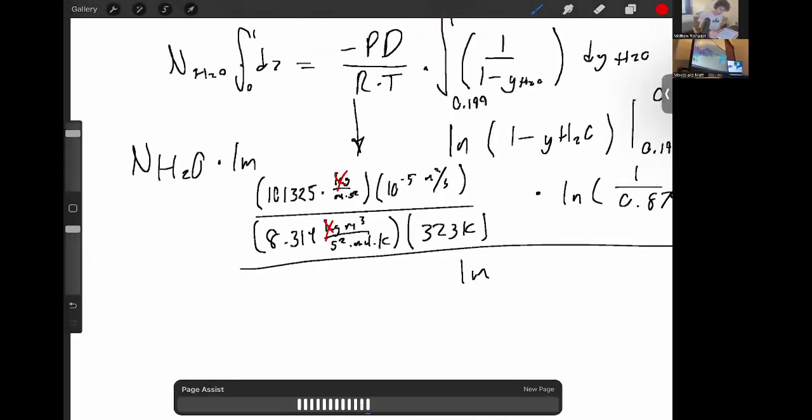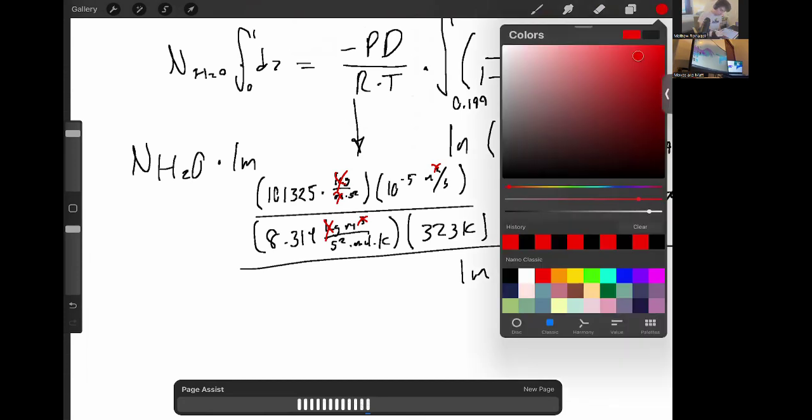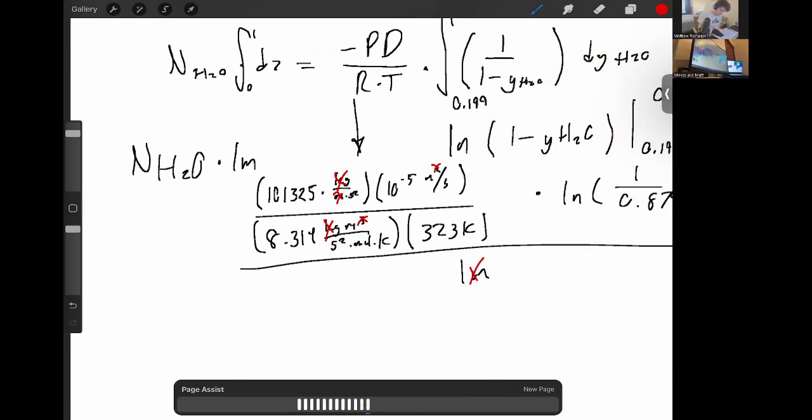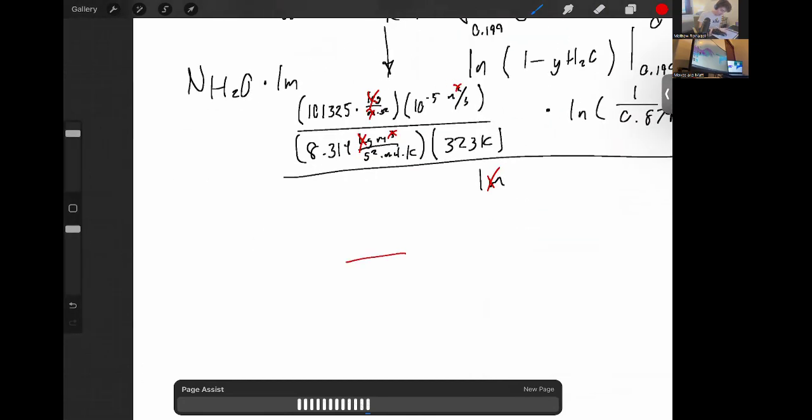So kilograms cancel out. These meters should cancel out until we're divided by, that turns into meters squared because of this. So we're over meters squared.